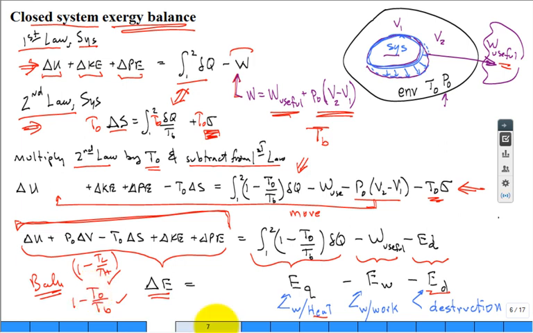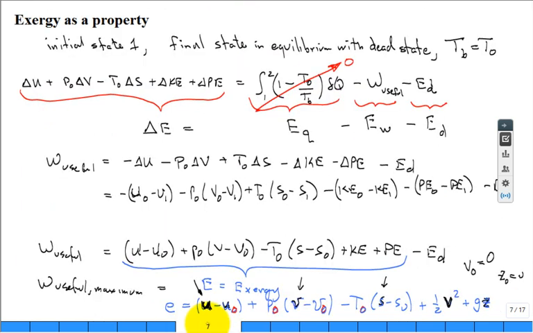Now, to get the property from the exergy balance, we think of the initial state as state 1, and later we're just going to drop the subscript 1. The final state is in equilibrium with the dead state, so everything goes to V0, T0, P0, U0, S0.